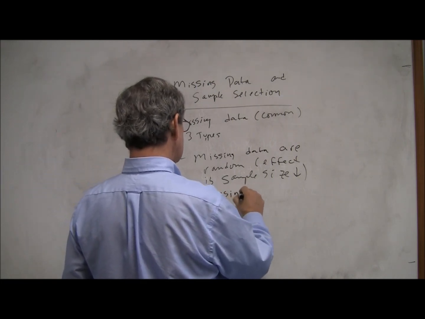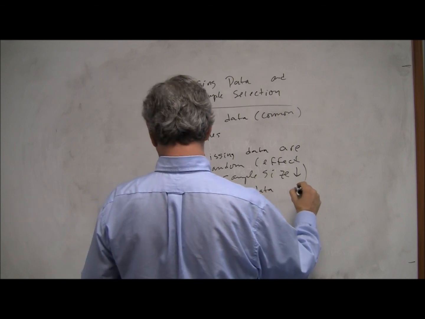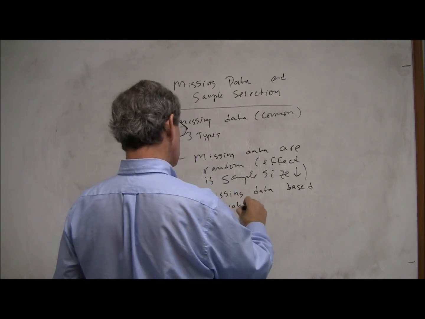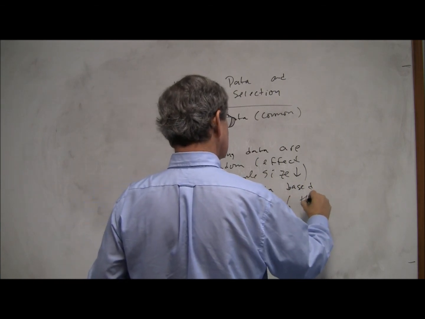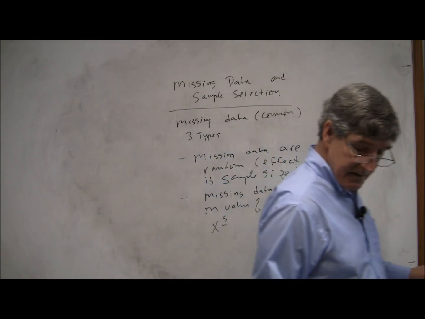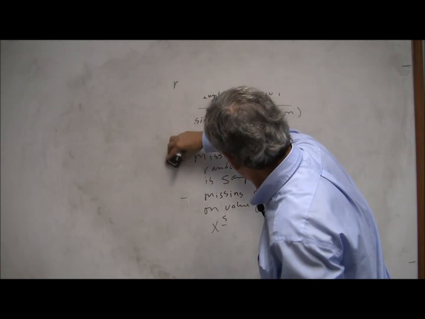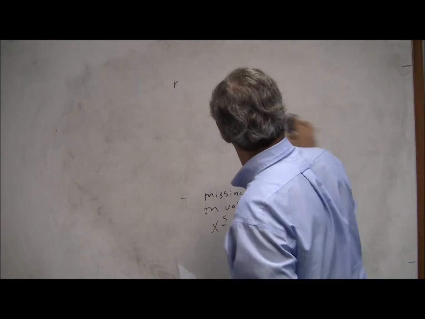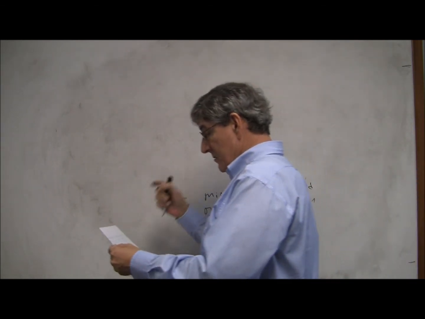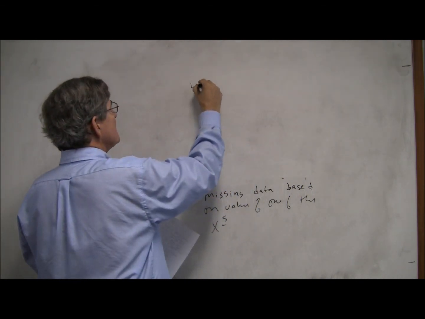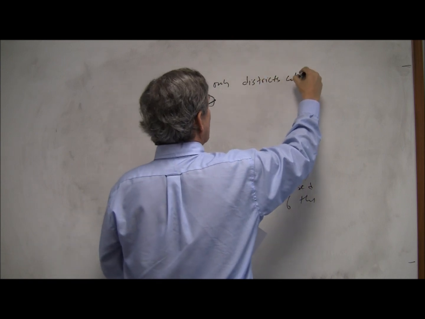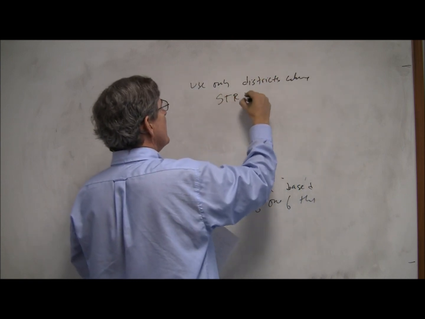The missing data is based upon the value of one of the regressors, based on the value of one of the x's. So suppose, as an example, we use only districts in our class size study where STR is greater than or equal to 20.